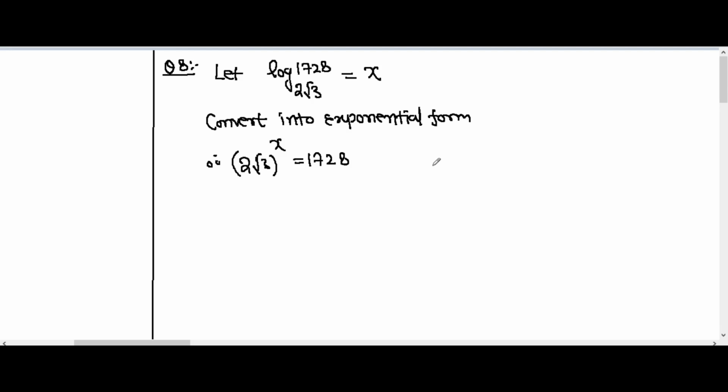Next, 1728 अगर हम इसको break करें तो जरा देखते हैं किस तरह से आएगा. 1728 is equal to 64 into 27, and 64 is written as 2 raised to 6. 27 is written as 3 raised to 3.